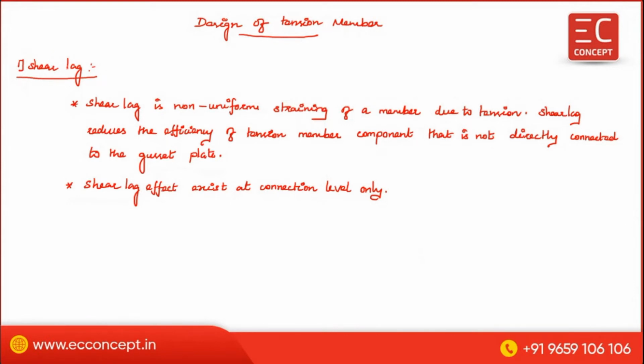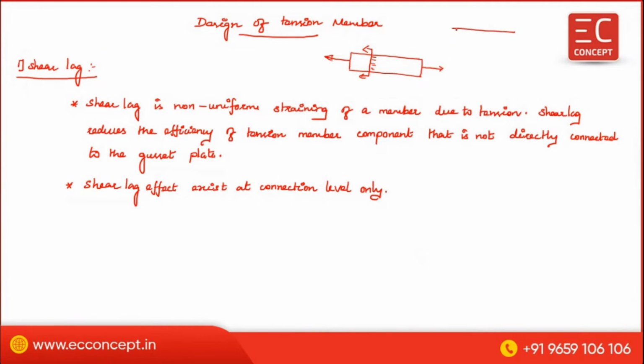What is shear lag? Suppose, for example, there is a member. If this member is subjected to an axial force P, then at any section the strain is uniform because the force is axial. If the strain is uniform, then no shear lag will come.